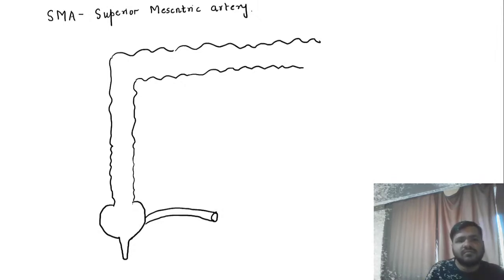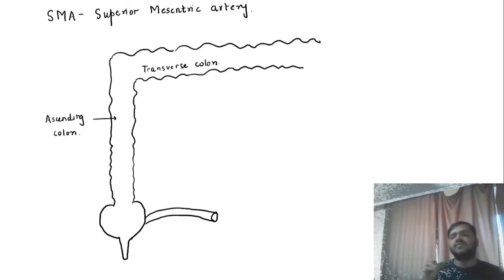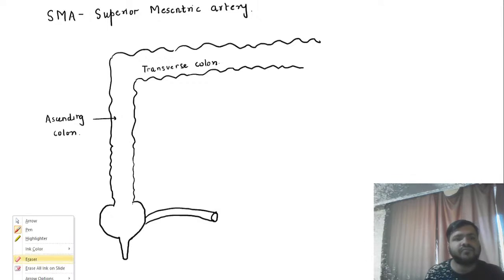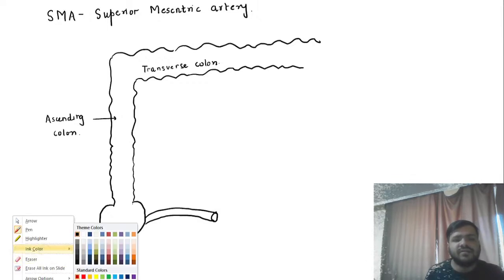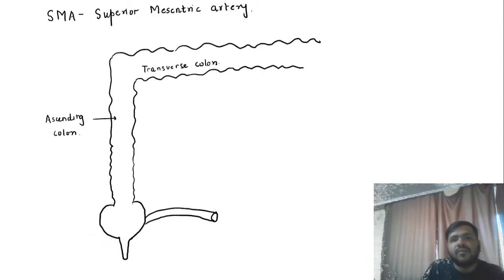I'm writing it over here: transverse colon, and this is the ascending colon, going upward. Ascending colon and the transverse colon. Now you already know, guys, we are going to start with the superior mesenteric artery.